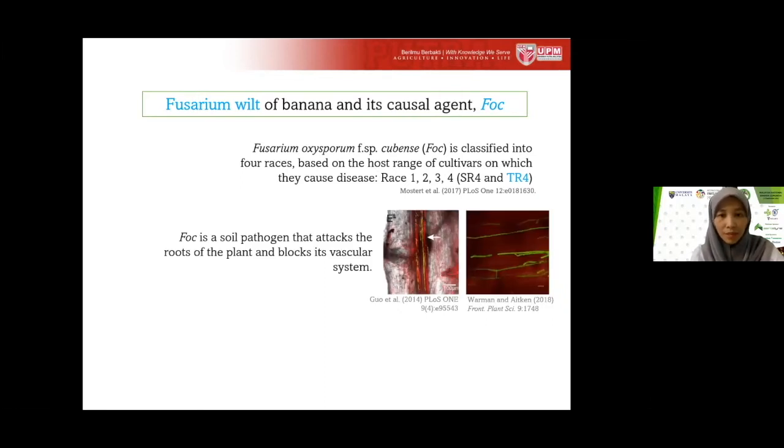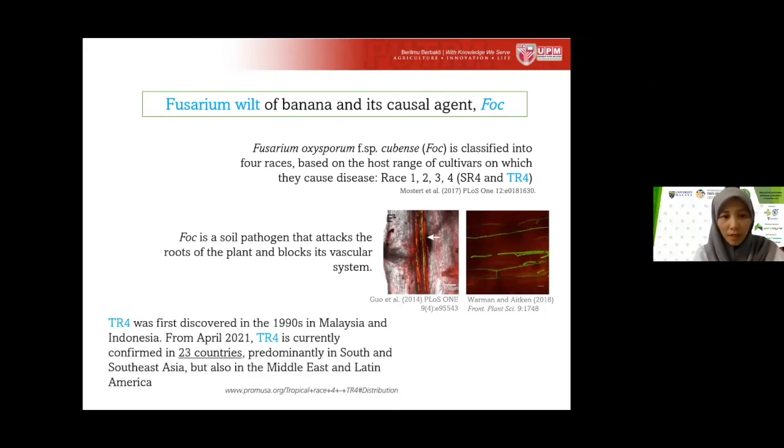We can see from the images that FOC attacks the vascular roots of the banana plants, and it blocks the vascular system. TR4 was first discovered in the 1990s in Malaysia and Indonesia, and as of April 2021, TR4 is confirmed in 23 countries.